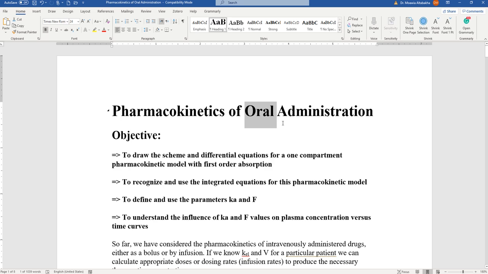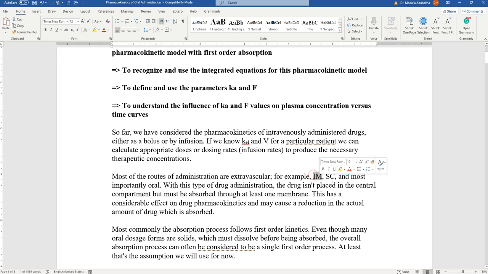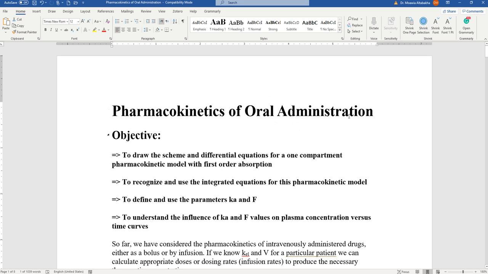This is very important. Not only important because we are talking about oral administration, which is the most commonly used route, but also we have many other extravascular routes of administration, such as intramuscular and subcutaneous administration, which include absorption. So the equation that we will talk about in oral administration also applies to other extravascular routes of administration where an absorption step is involved.